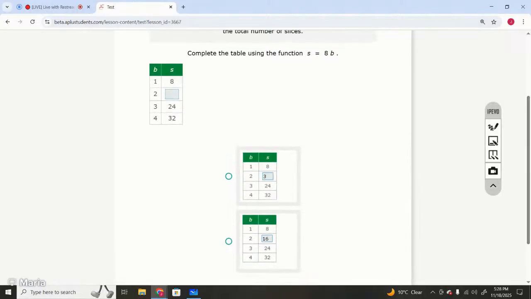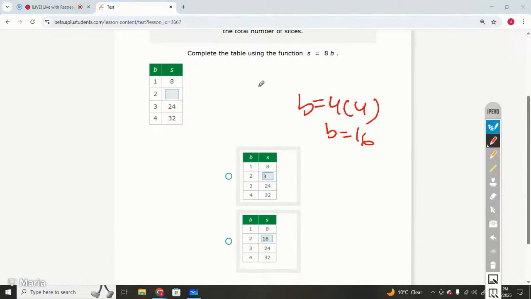Complete the table using the function s equals 8b. So s equals 8b, b equals 2. S equals 8 times 2.